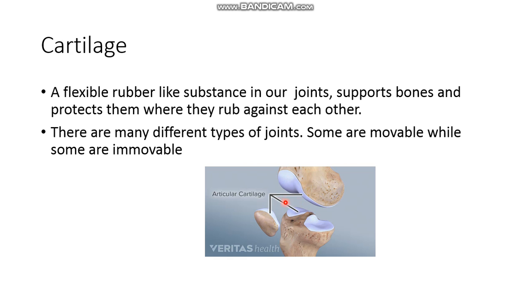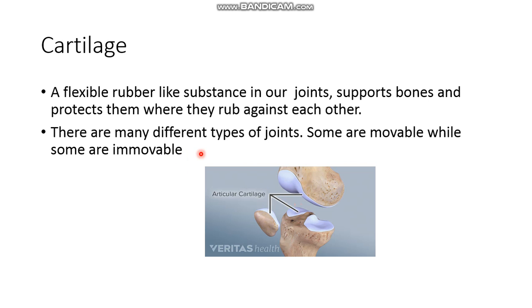See here, when we have movement, this is like a rubber, so it supports the bone and protects them from rubbing each other.